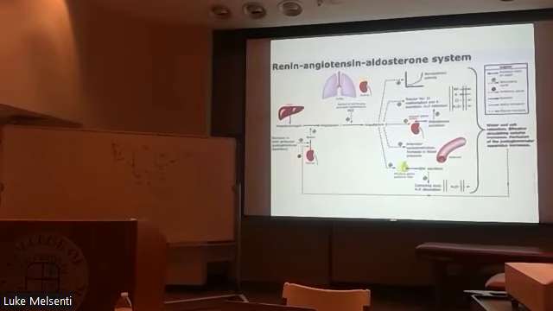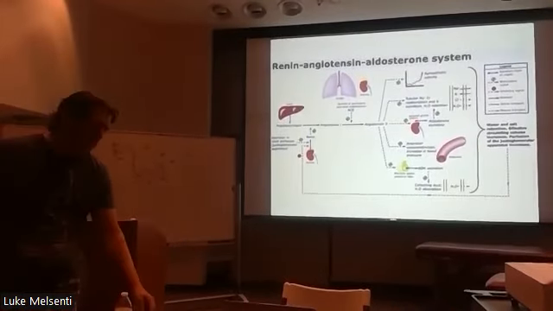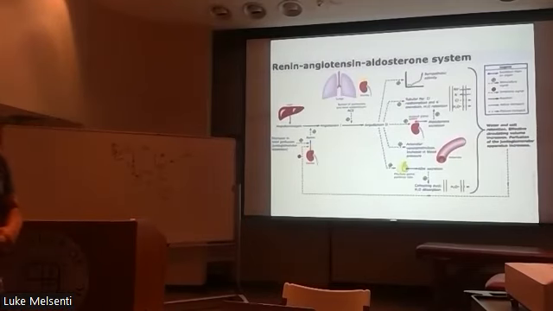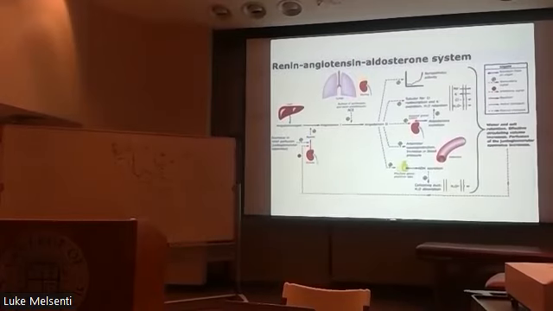So if the blood pressure starts to drop in the afferent arteriole, the kidneys are like, wait a minute, what's going on here? We can't do our job. It releases renin. Renin is going to convert angiotensinogen to angiotensin 1. As it passes through the lungs, an enzyme called ACE, angiotensin converting enzyme, is released, and that makes it fully activated as angiotensin 2.